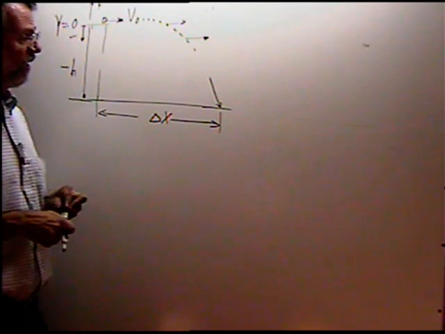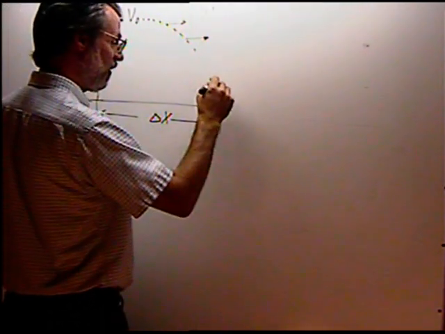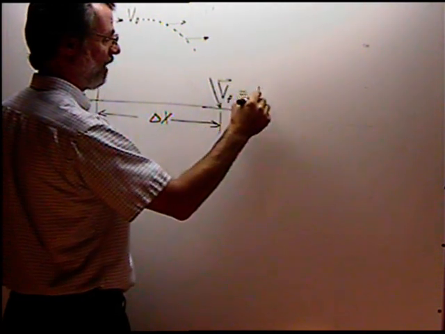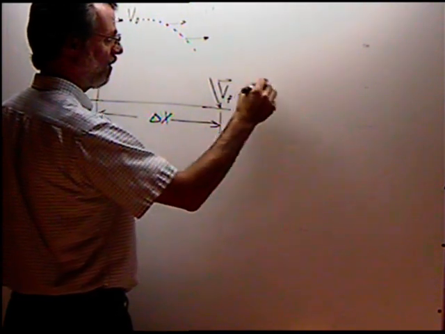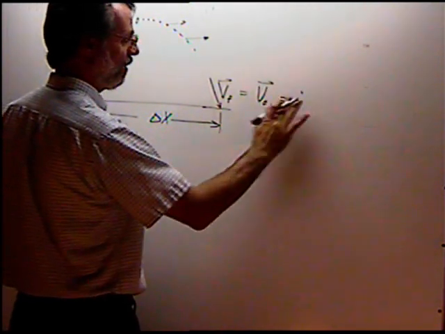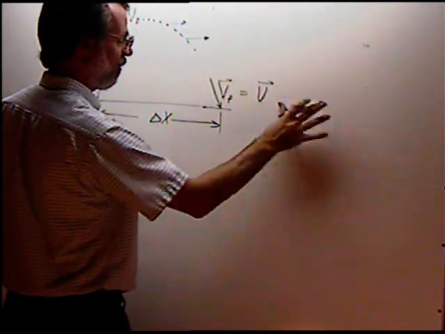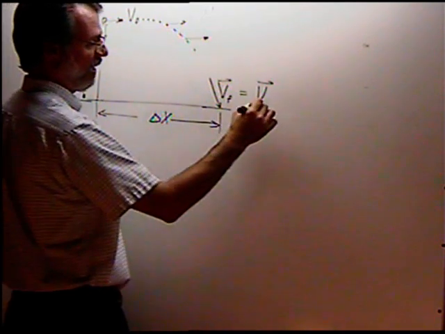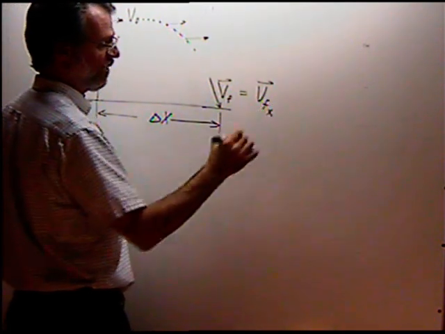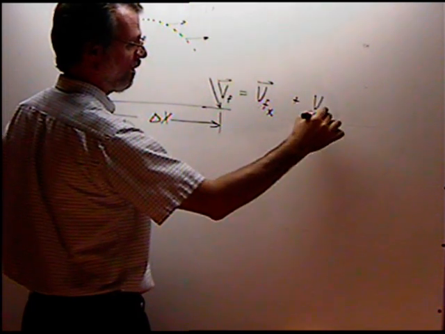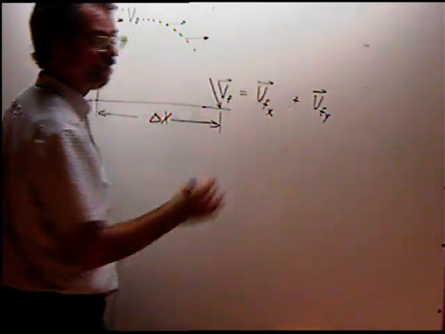Okay? Notice that the final velocity has two components. I'm going to write f means final. It has a final component in the x dimension, and it has a final component in the y dimension.